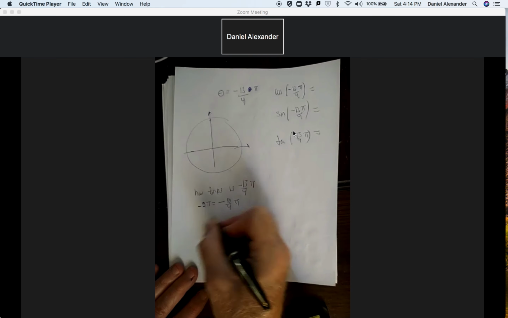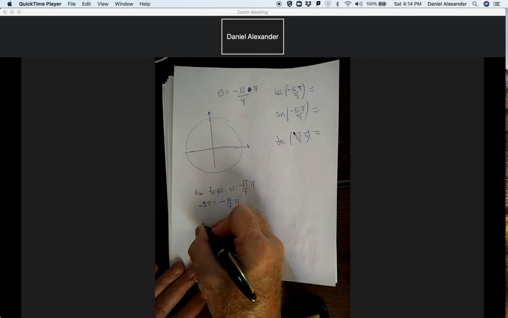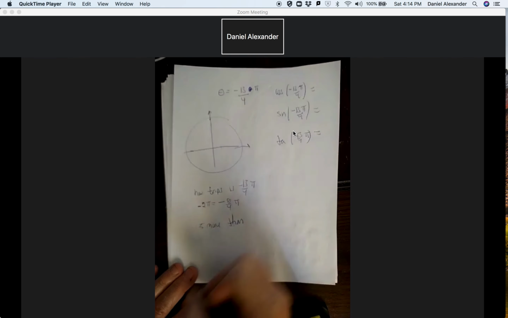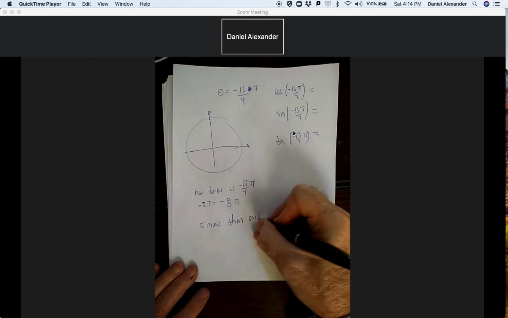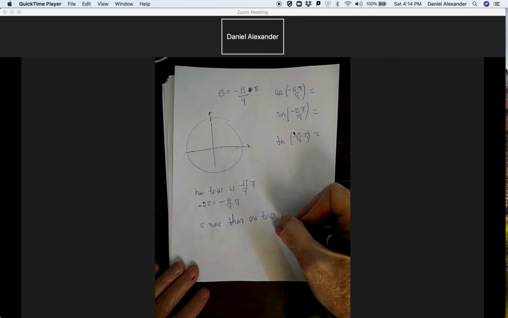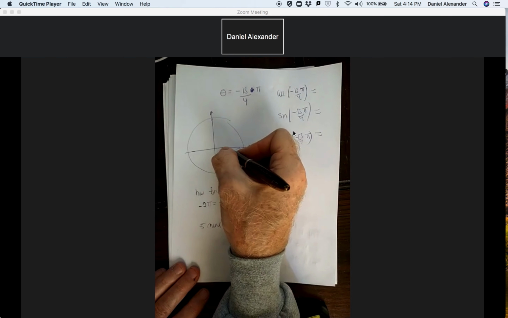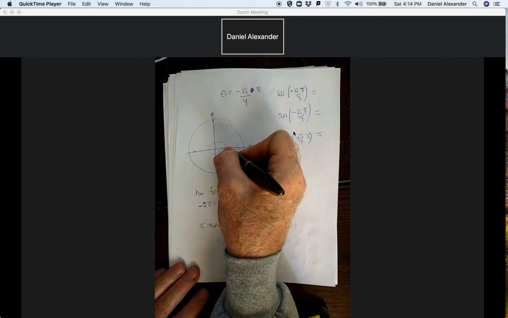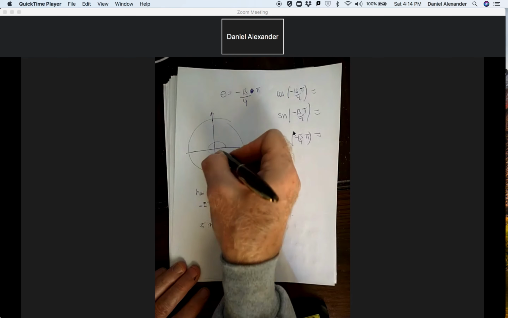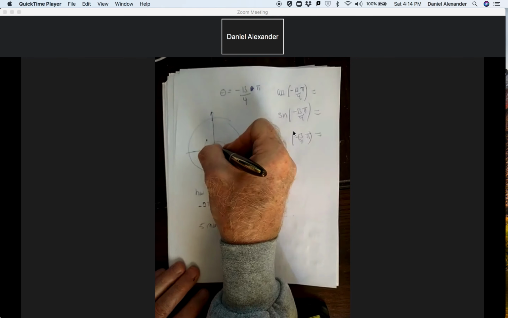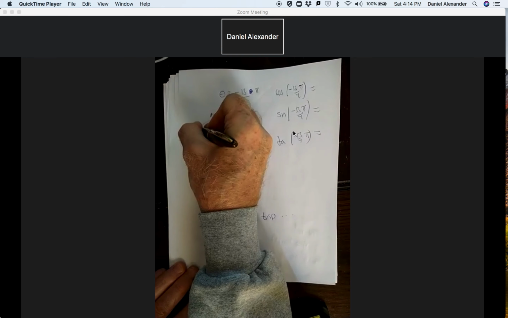And so we're going to go 5 more to get to 13. So 5 more pi over 4s than 1 trip. Okay, so let's do that. So minus 13, we're going to go this direction once. That's 8 pi over 4s, 10, 12, and 1 more. So that's where we're going to go.